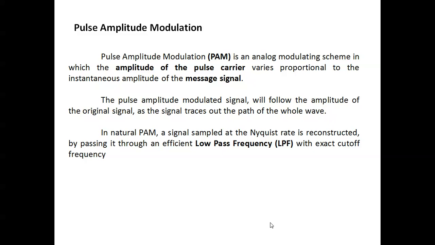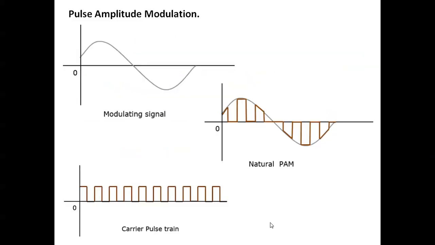The pulse amplitude modulated signal will follow the amplitude of the signal. The original signal traces the path of the top of the pulses. The natural pulse amplitude modulation is a signal sampled at the Nyquist rate. They are reconstructed by passing through an efficient low pass filter with the exact cutoff frequency.